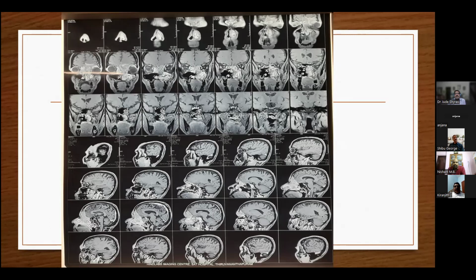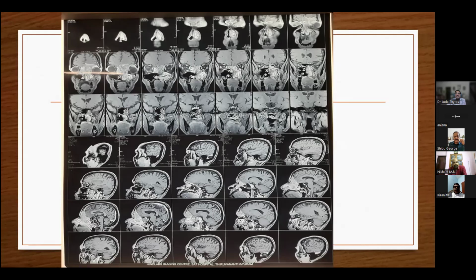I think we can get inputs from other examiners in the audience. Any comments from others? Aniraja, any other examiner in the audience?